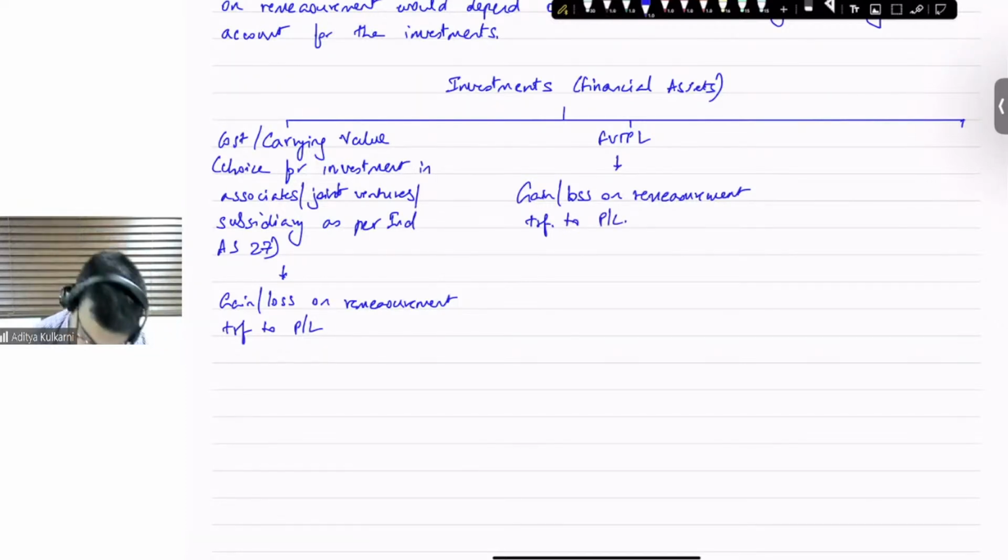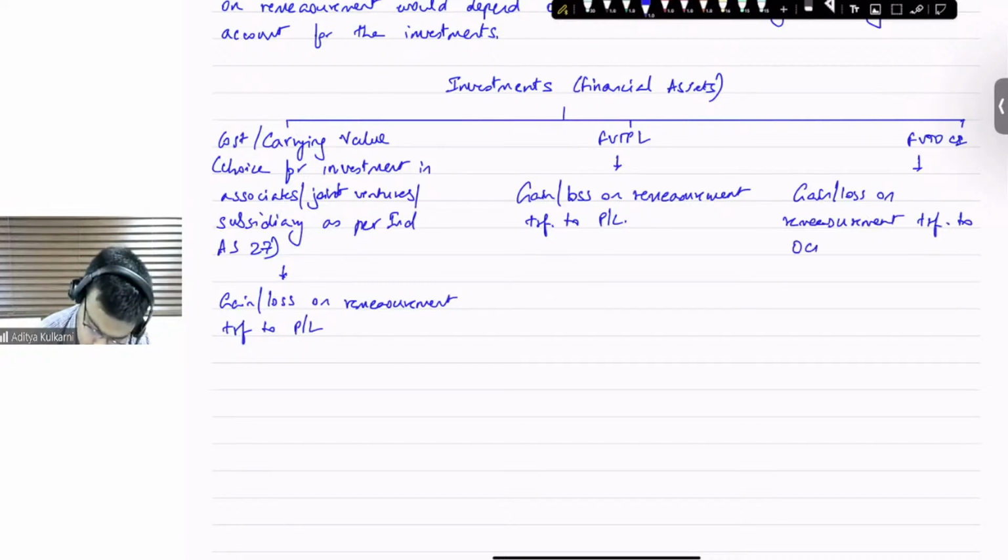If it is FVTOCI, what are you going to do? The gain or loss on remeasurement is transferred to other comprehensive income.